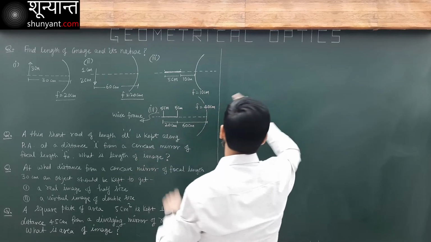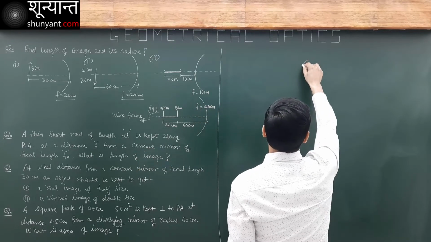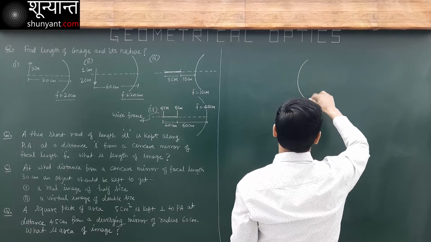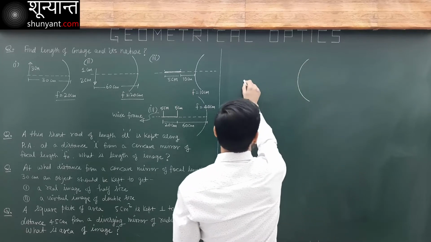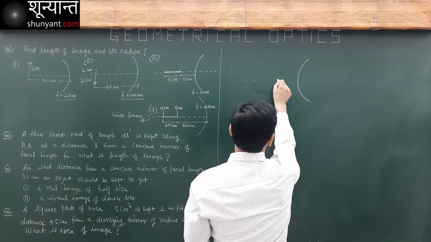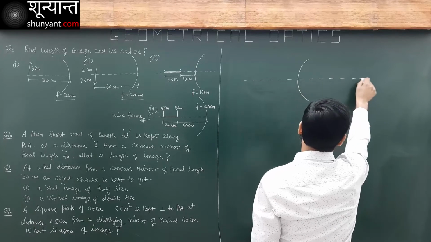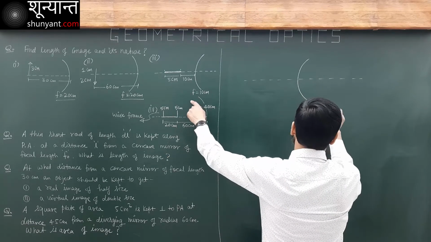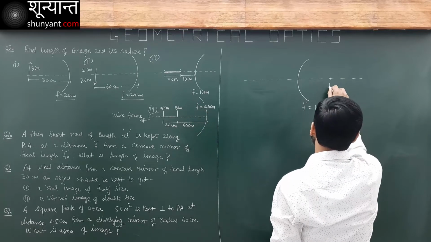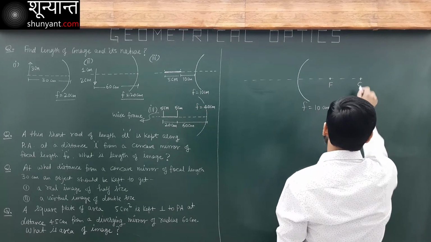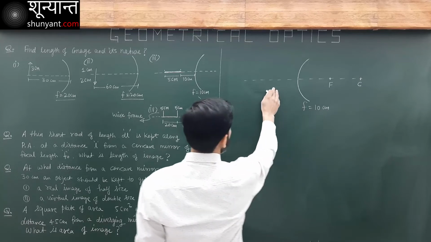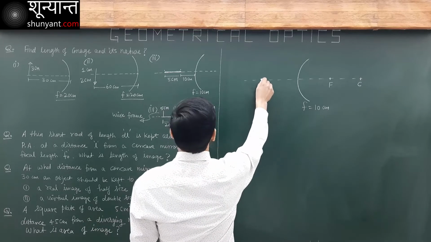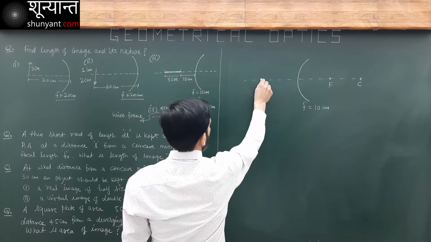Let's do this. This is a convex mirror. This is my principal axis. What is the focal length? The magnitude is 10 centimeter. Let's say that this is my focus. This is my object at a distance of 10 centimeter.